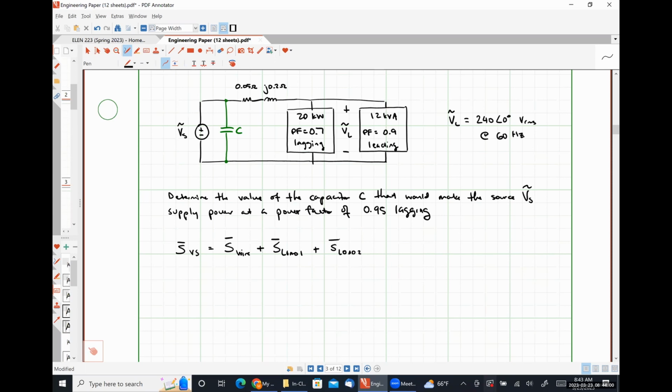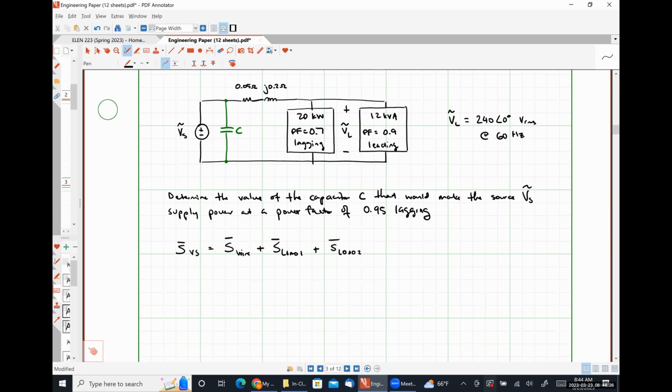All right, so we have three things that we need to figure out then. Complex power absorbed by our wire, complex power absorbed by load 1, complex power absorbed by load 2. I would argue that figuring out the complex power absorbed by load 1 and load 2 are much easier than the wire. In fact, I believe that we have to know those two quantities before we can figure out what's going on with the wire.